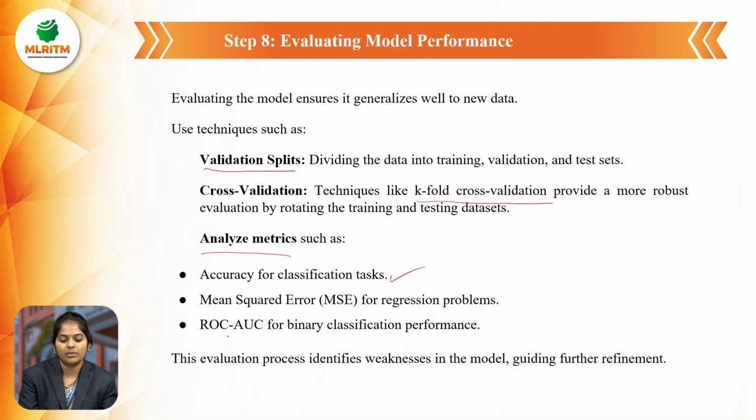Next we use mean squared error for regression problems and ROC AUC for binary classification problems. Based on the problem statement, we'll analyze the metrics for each model. This evaluation process identifies weaknesses in the model and guides further refinement. If we find any errors in the model training, it will go through some refinement.